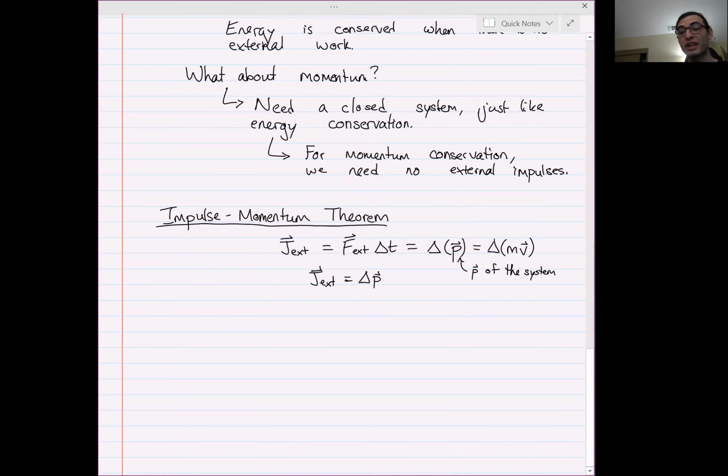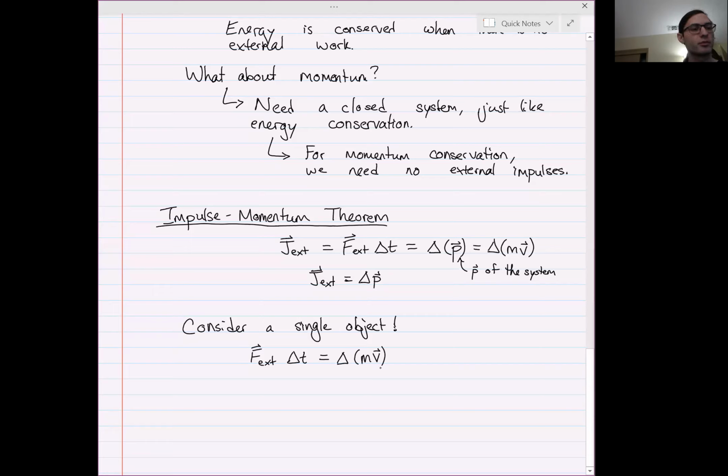Now this makes perfect sense on a single object, and I'll explain why right now. The formula from the impulse momentum theorem gives us that the external force on the object, and everything is external to a single object, times the duration over which that force is applied is equal to the change in the mass times velocity of that object.